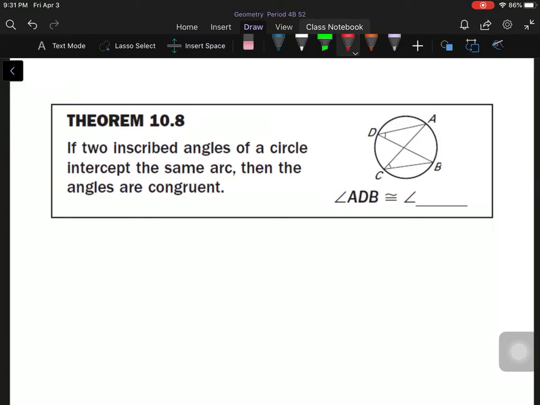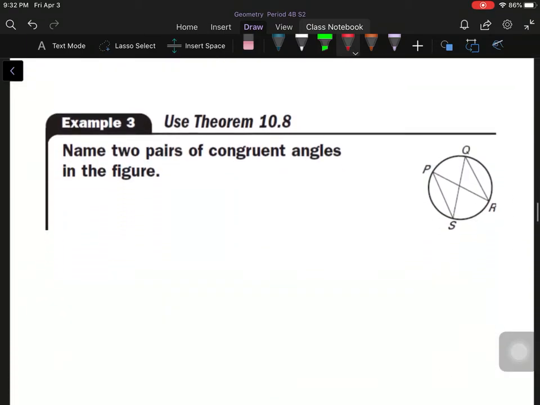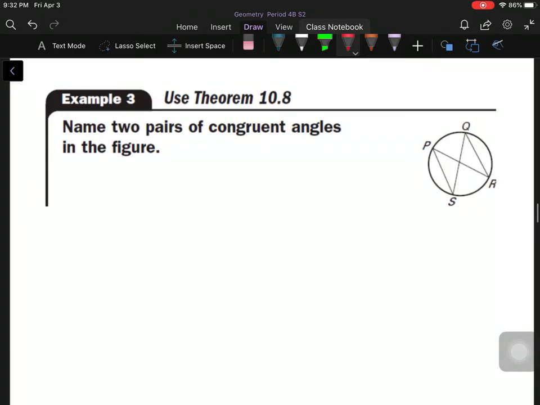This is theorem 10.8: if two inscribed angles of a circle intercept the same arc, so angle D and angle C both intercept arc AB, then you know that those two angles are the same. So again, it's just saying if the two angles intercept the same arc, those two angles are going to be the same.